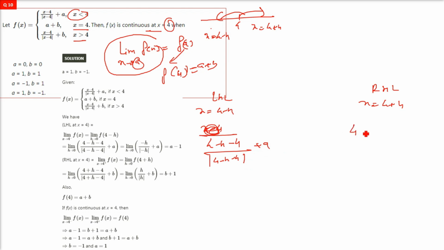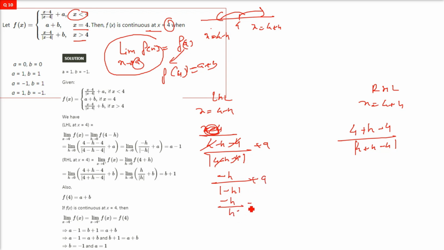Here you have (4 plus h minus 4) divided by mod of (4 plus h minus 4). In this case the 4 gets cancelled, minus h by mod of minus h. So this is negative, plus a.